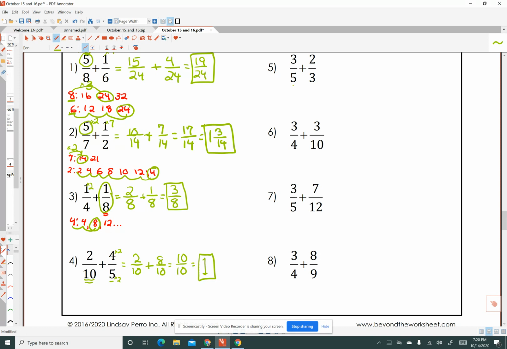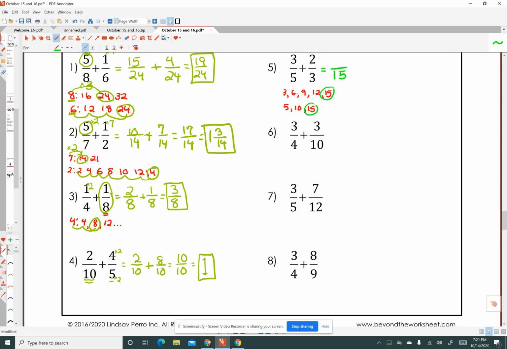Now here, let's look at multiples of 5 and multiples of 3. So multiples of 3 are 3, 6, 9, 12, 15. Multiples of 5 are 5, 10, 15. Well, it looks like we got a winner here. This is our new denominator, 15.